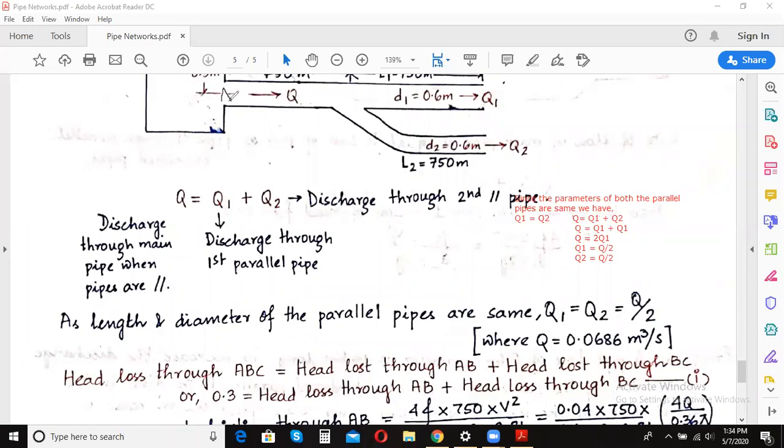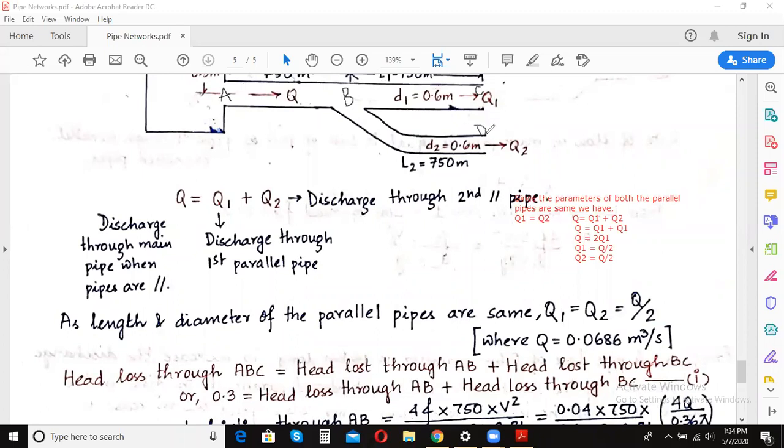This point we are considering as A. The junction of the pipe where the parallel connection is beginning is considered as B, and this point is considered as C. Now we will also take this end of the pipe as D.